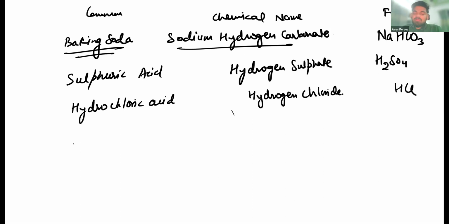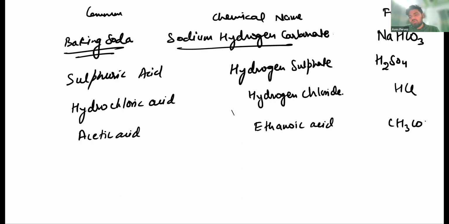Okay. So the next one is acetic acid. Acetic acid is its common name; its chemical name is ethanoic acid, and its formula is CH3COOH. Okay, done.